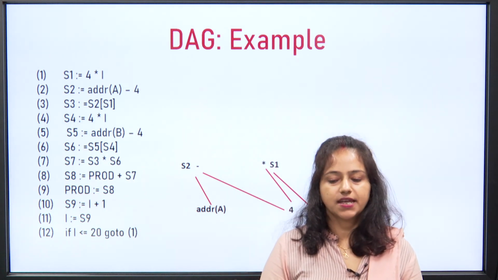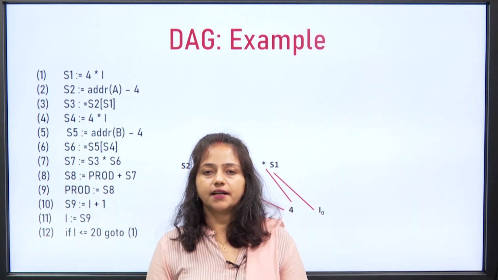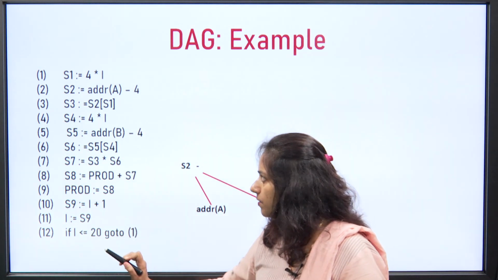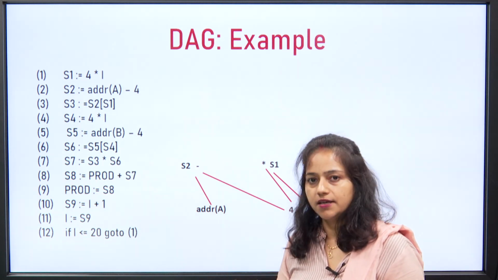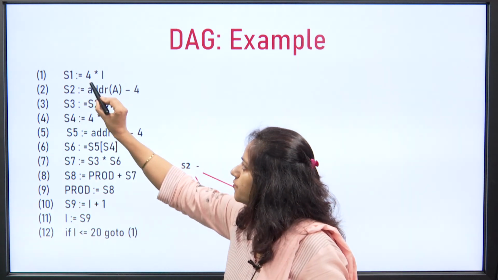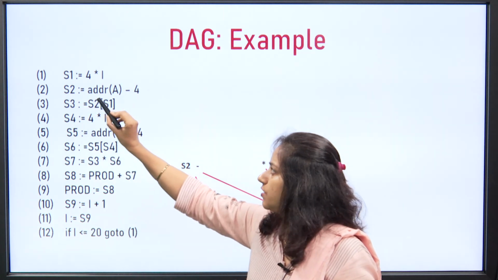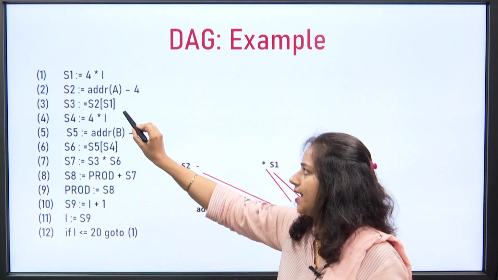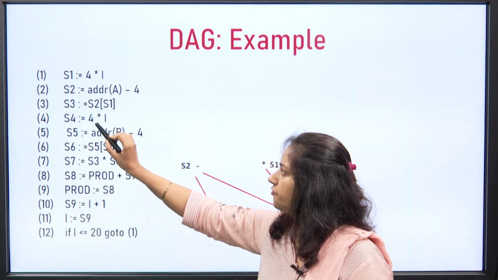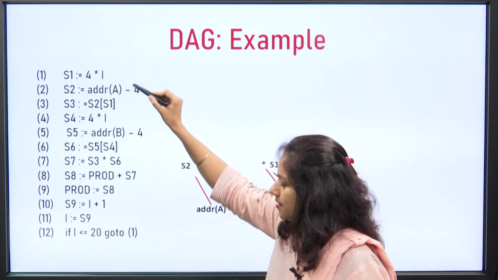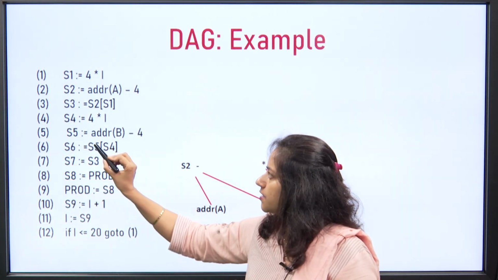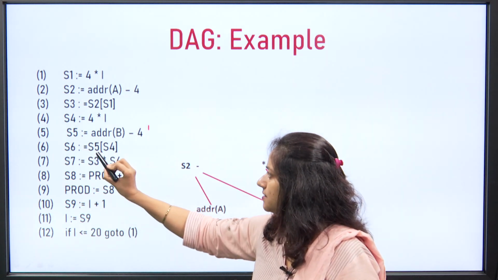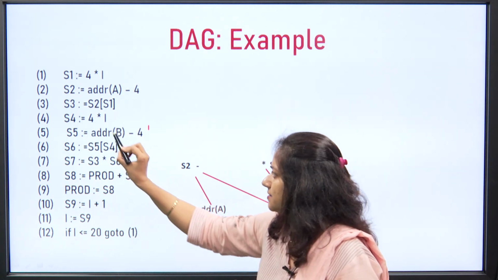So, here we will see one example for drawing the DAG for 3 address code. Suppose this is the intermediate representation written in 3 address code. S1 is equal to 4 into I, S2 is equal to address of A minus 4, S3 is equal to S2 at index S1, S4 is equal to 4 into I, again 4 into I is computed, then S5 is equal to address of B minus 4, this 4 is reused, then S6 is equal to S5 at index S4.